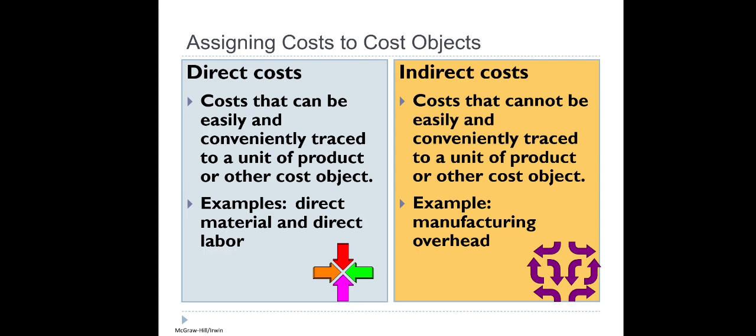When you see a product, you can see the direct material, and also you can trace how many hours workers have to work to produce the product. So just remember direct costs are direct material cost and direct labor cost.